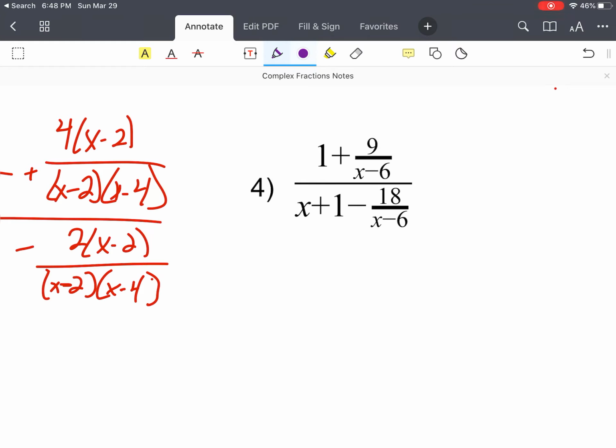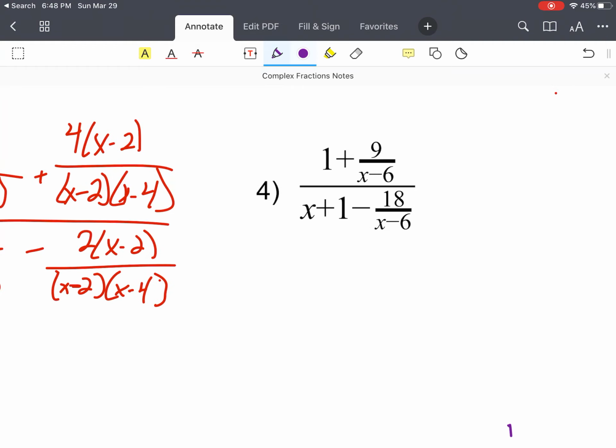Okay, this one's just a little more complicated because I've got 3 fractions on bottom, or 3 things on bottom, but it's a little nicer because it's going to have a common denominator of x minus 6 on both top and bottom anyway. Okay, so let's start this one off, getting our common denominators.